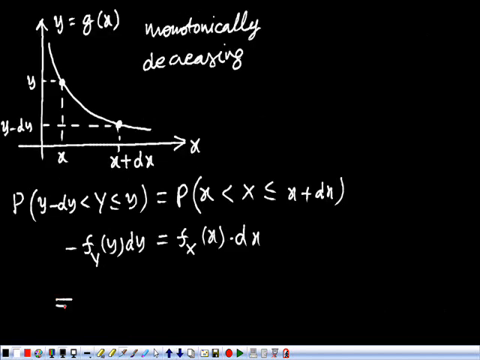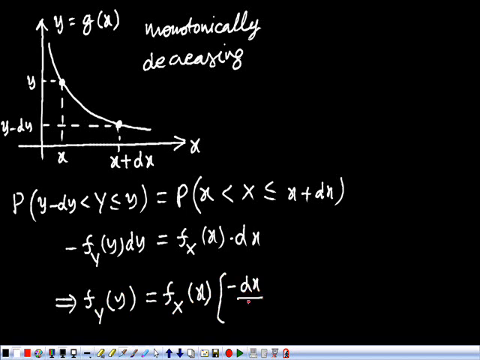So therefore, the probability density function of the random variable y is equivalent to fx of x into minus dx by dy. So in the monotonically increasing case, fy of y is equivalent to fx of x into dx by dy. Here it is fx of x into minus dx by dy.